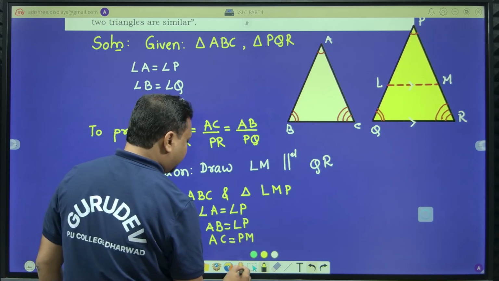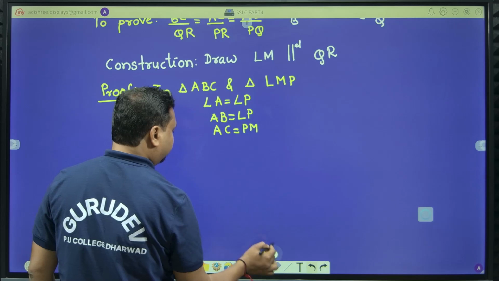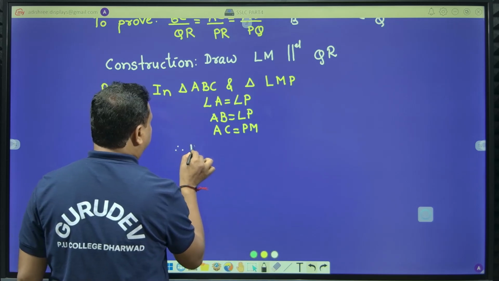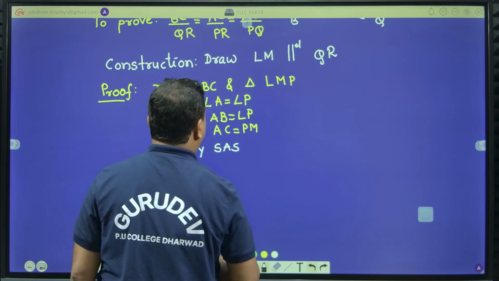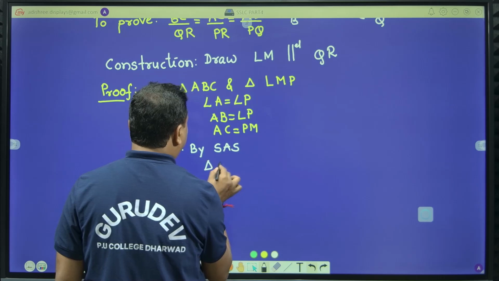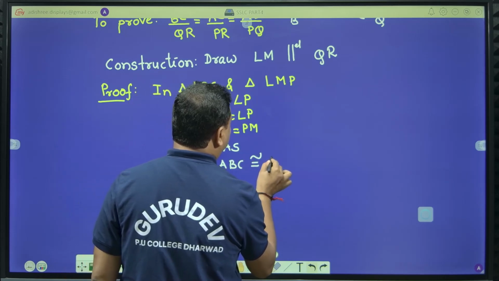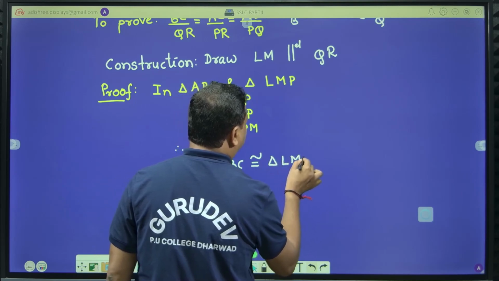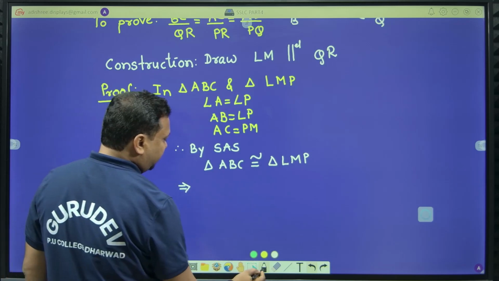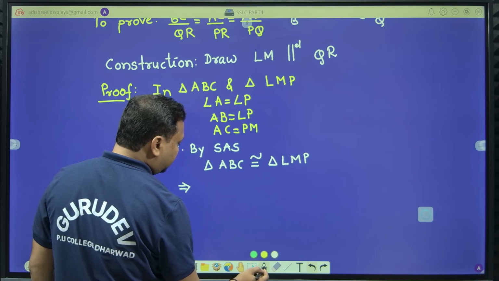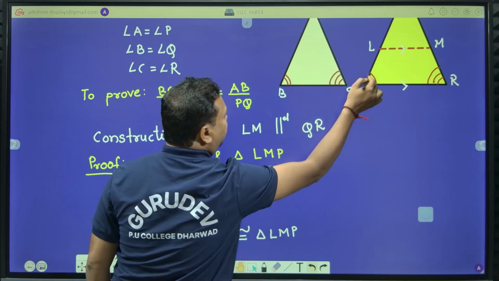Hence, by using SAS postulate, therefore, by SAS postulate, the triangle ABC is congruent to the triangle LMP, which implies, see that we have angle L over here and angle Q over here.